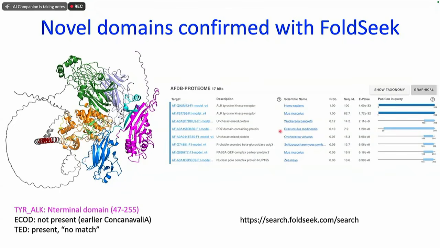I know you can't read this, but if I give it this magenta domain from a kinase called ALK, the first two that score 1.0 here are from different versions of ALK. All of the other ones are 0.12, 0.10, 0.06. They're from all sorts of other genes, but they're not at all similar to this structure. And so only ALK has this domain, as far as I can tell, of all of the genes in all of the sequences that have ever been deposited in UniProt. So we call that a novel domain, and I'm just calling it ALK N-terminal domain, because we don't know what the function is.